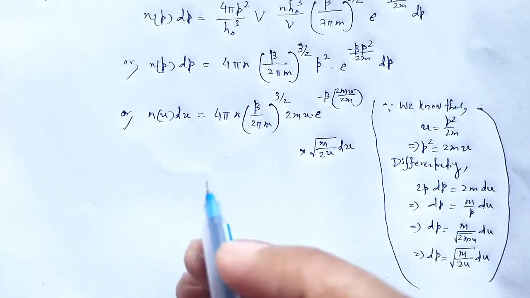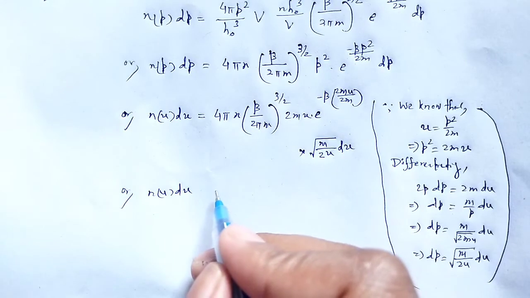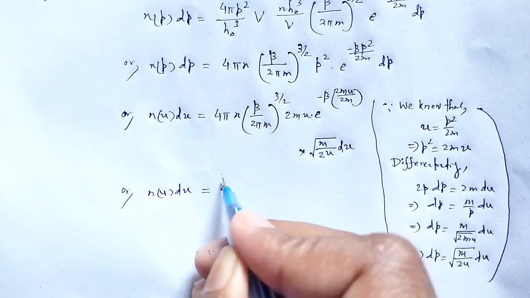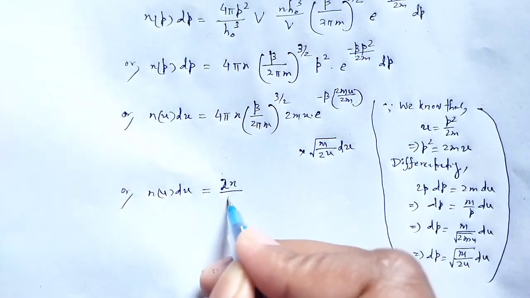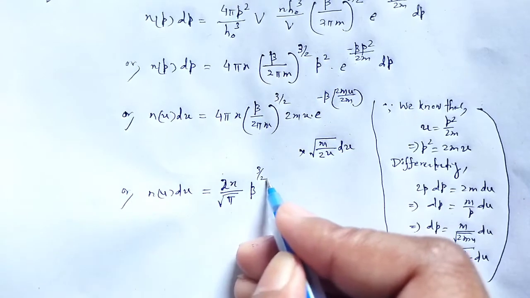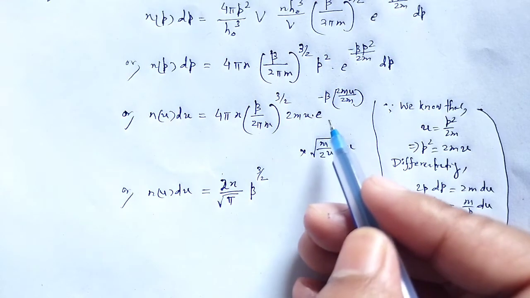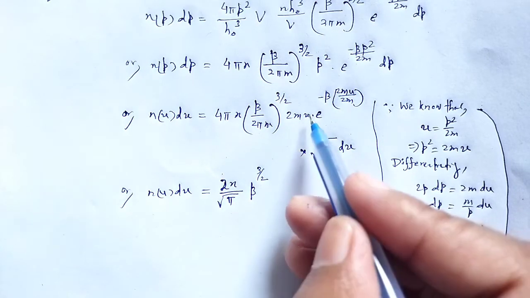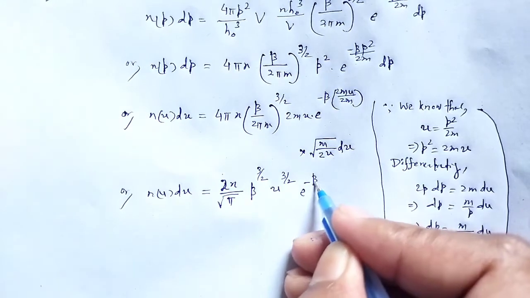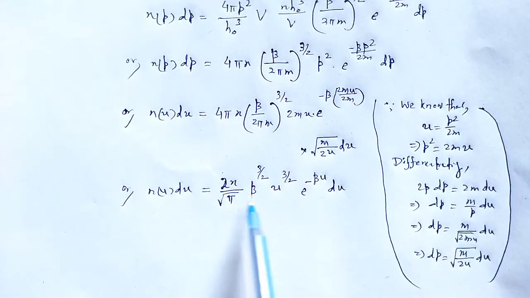Now it can be solved, that is n(u)du is equal to 2N divided by root pi, beta to the power 3 by 2, u to the power half, so it will be u to the power 3 by 2 e to the power minus beta u du. That is the equation n(u)du is equal to that much.